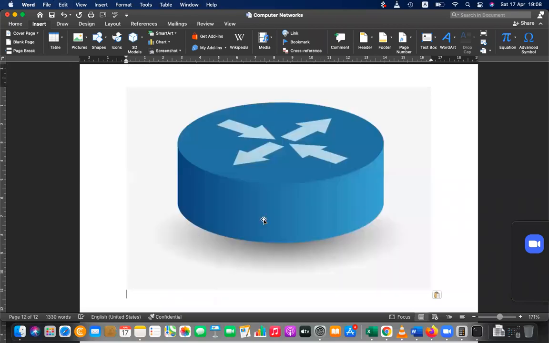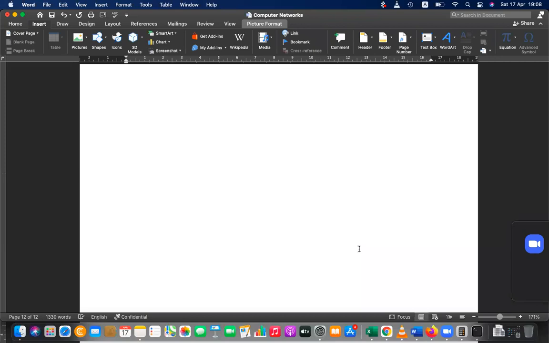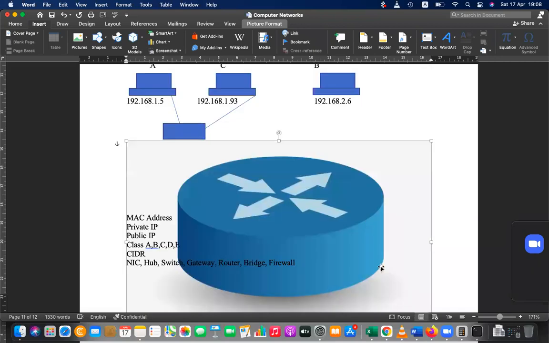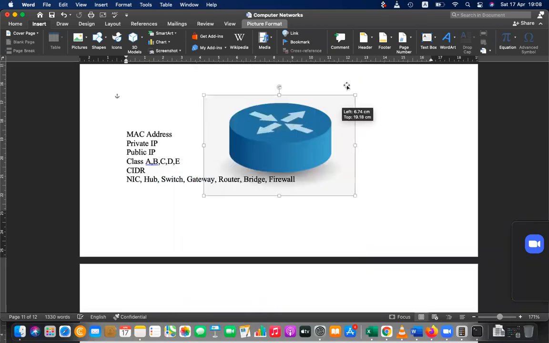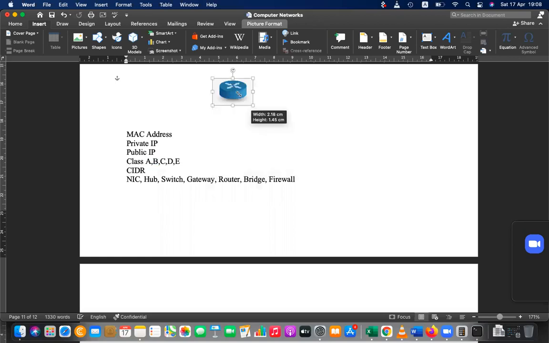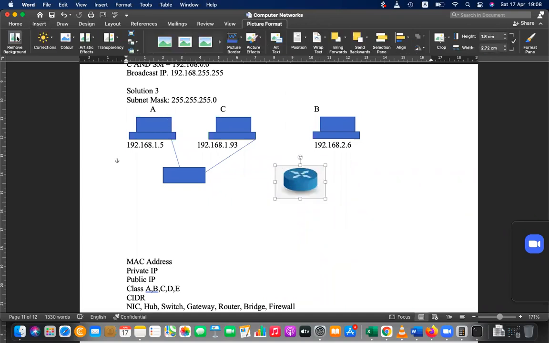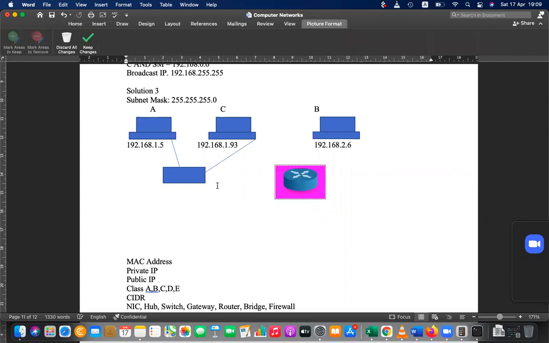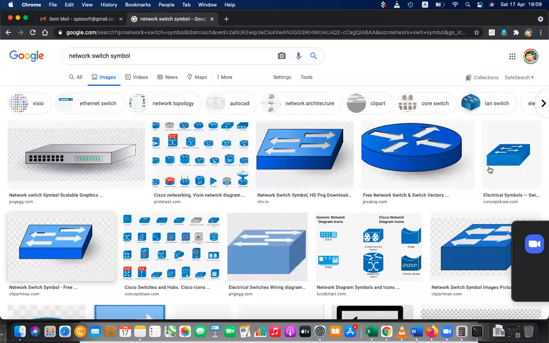Let's use the router instead of the switch, you can use this one.